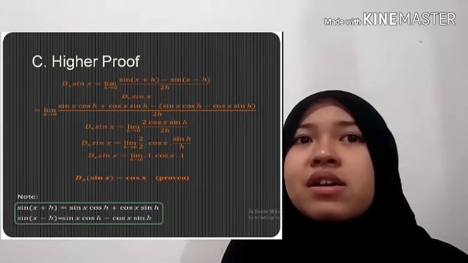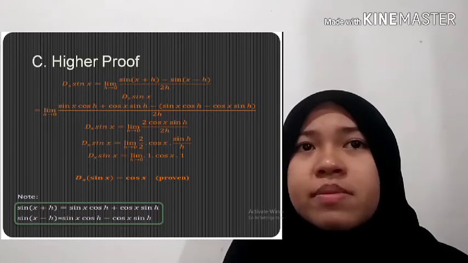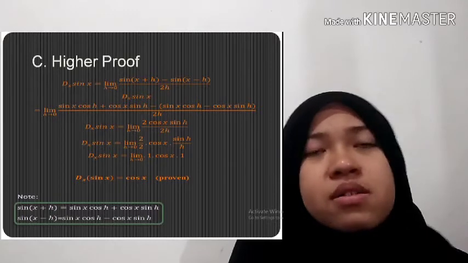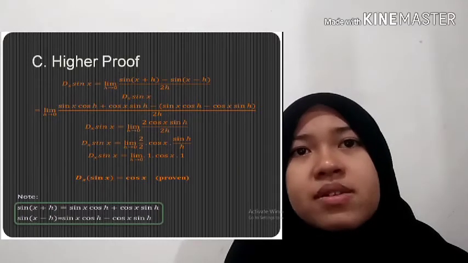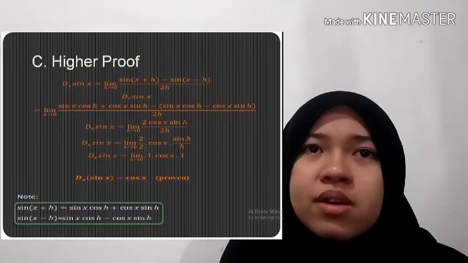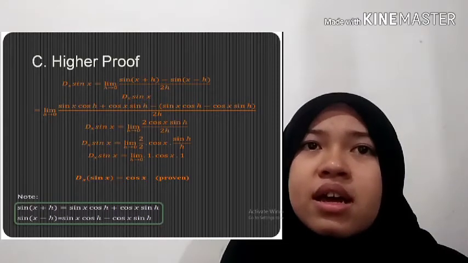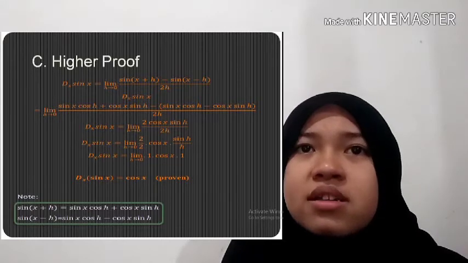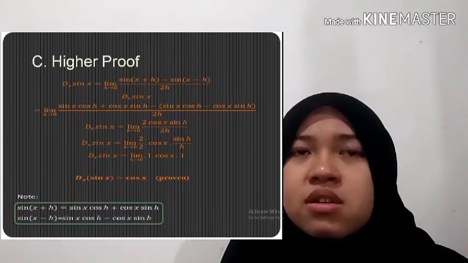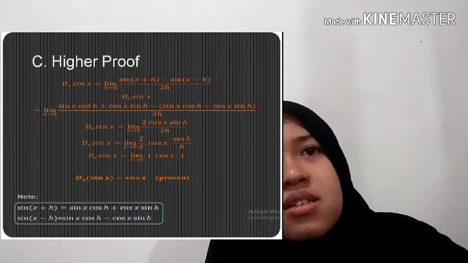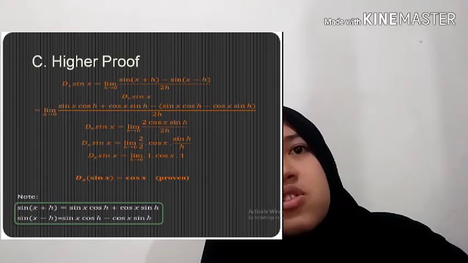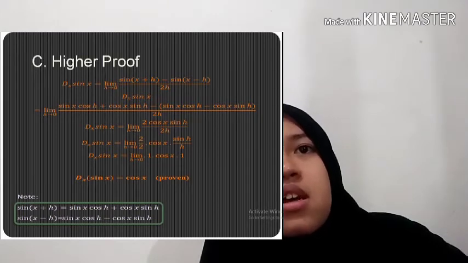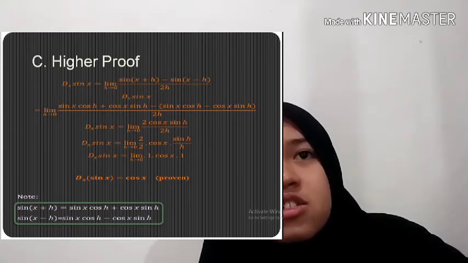The derivative of a function is equal to the limit as delta x approaches 0 of delta y over delta x. For delta y we use sine of (x plus h) minus sine of (x minus h). So delta x is equal to 2h because (x plus h) minus (x minus h) is equal to 2h.